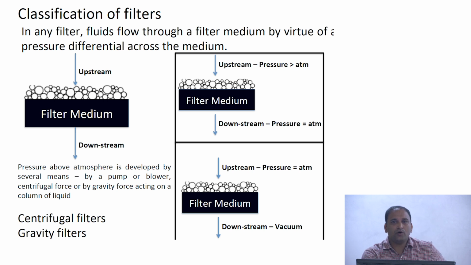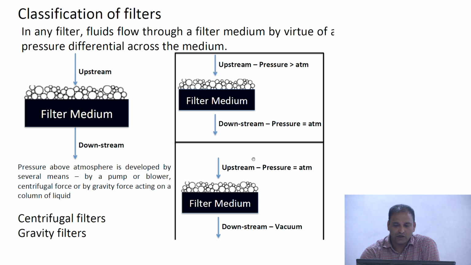So there are cases where you maintain in the upstream a pressure which is greater than the atmospheric pressure, and your downstream is maintained at the atmospheric pressure. This is an example of what is called pressure filtration, where the upstream is maintained at a pressure above atmospheric pressure, and your downstream is at atmospheric pressure.